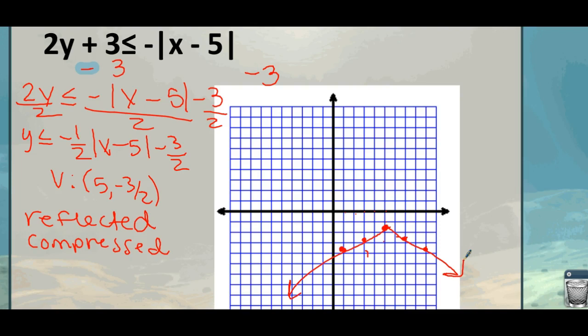And then y is less than or equal to, so you go from your vertex and you determine where are the y values smaller, or smaller here, which is inside.